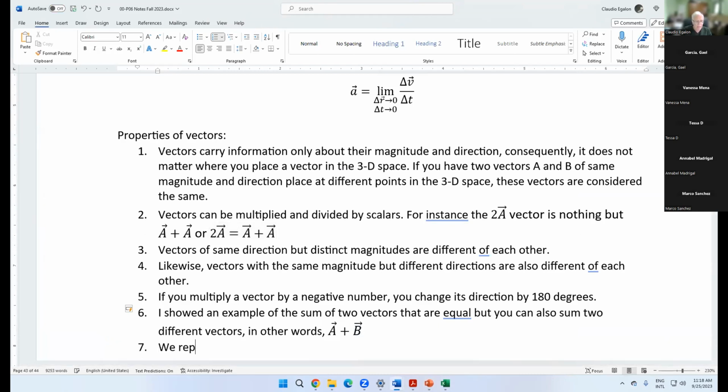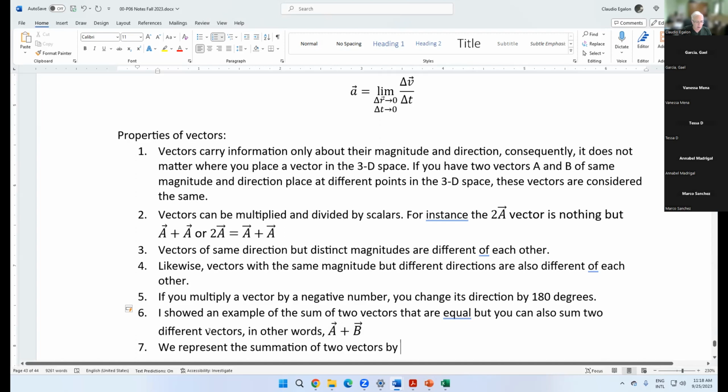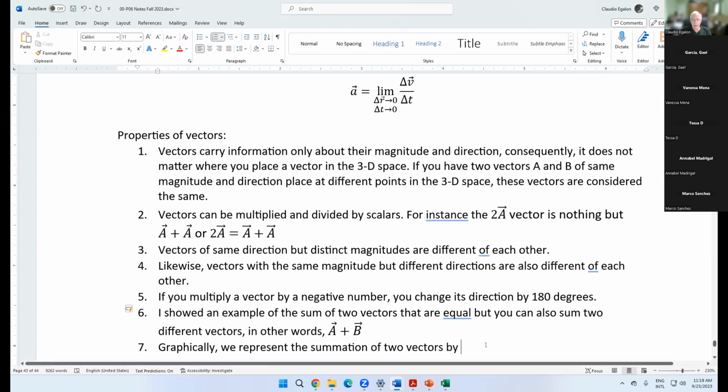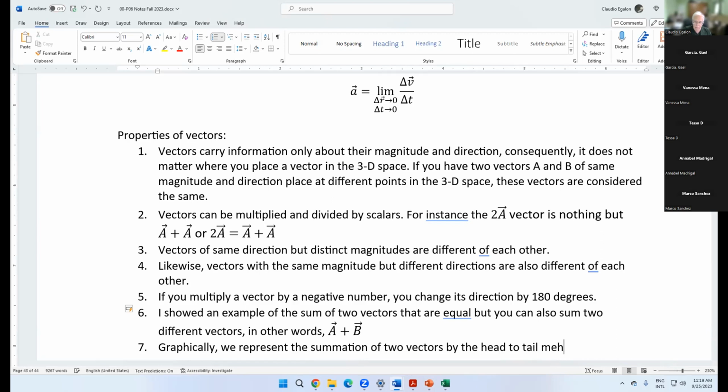Graphically, we represent the summation of two vectors by the head to tail method, or tail to head, right? Head to tail or tail to head method.